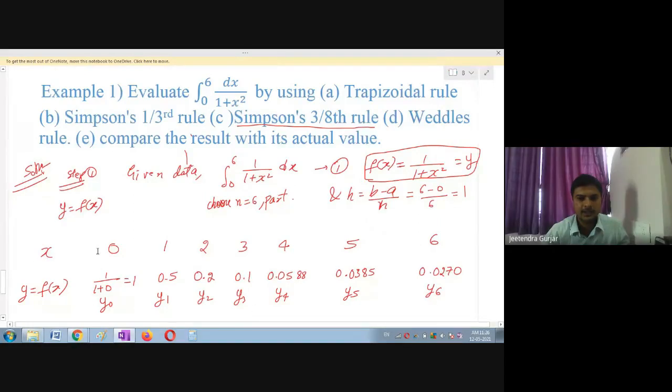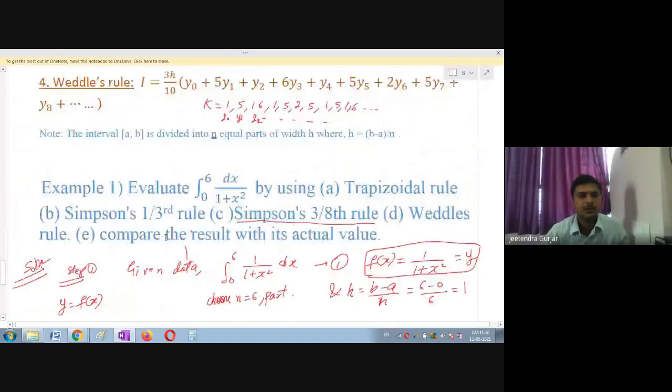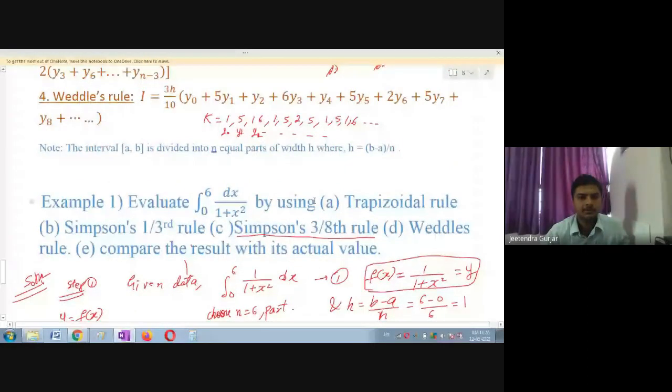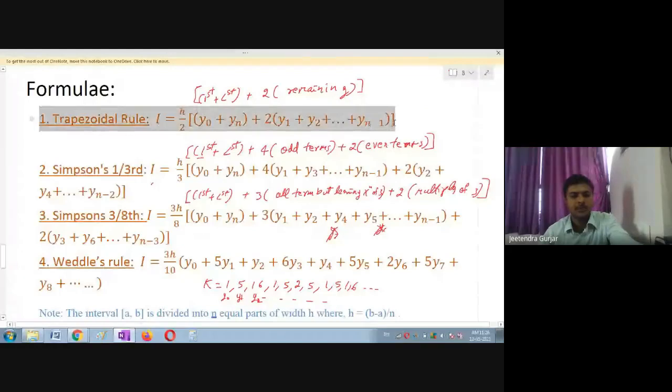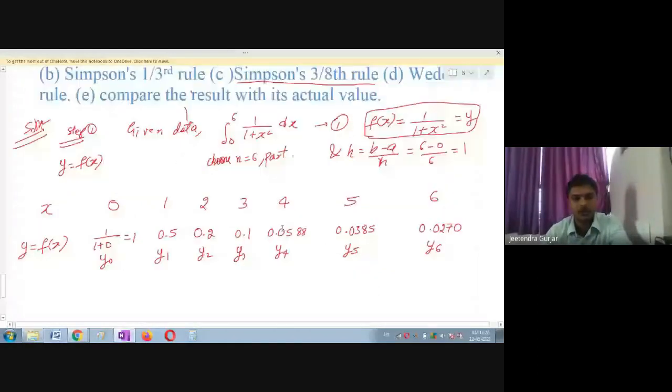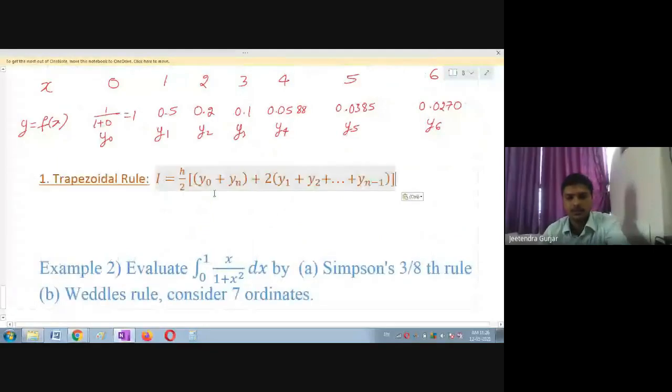Is it clear? Now I will take the first one, that is the trapezoidal rule. So what will I do here? I will just take this formula. Please remember, every time you are going to write this formula, students, it is very, very important, because these terms will change.